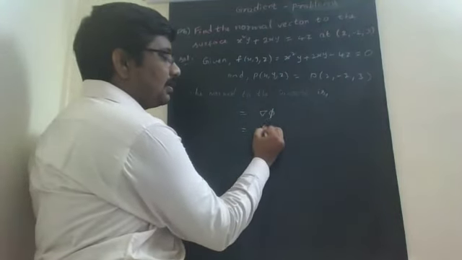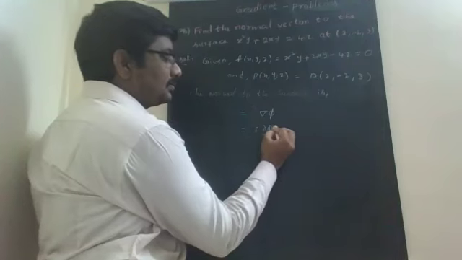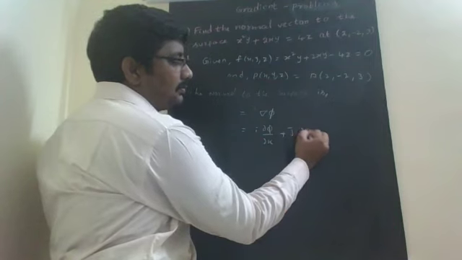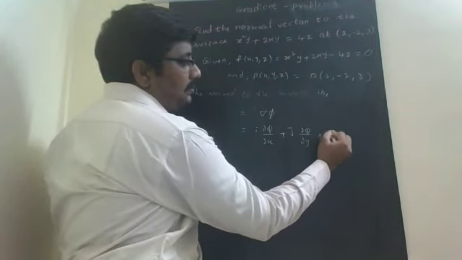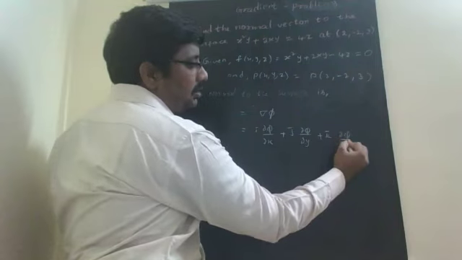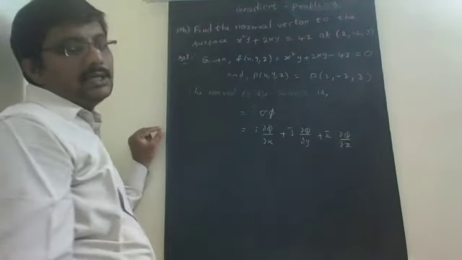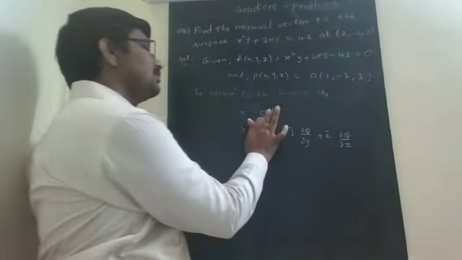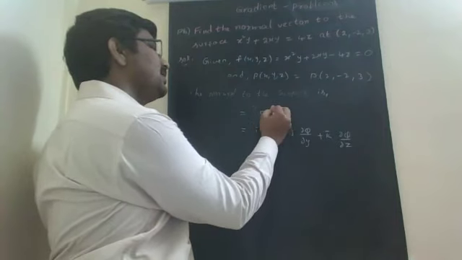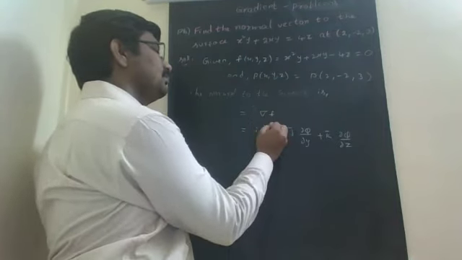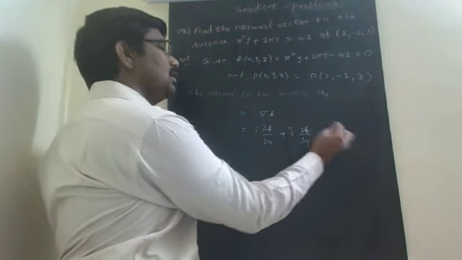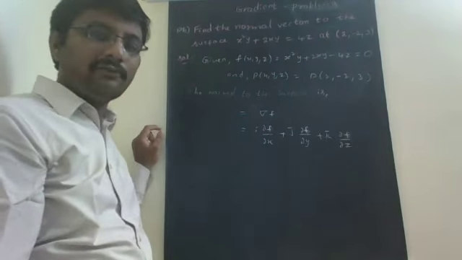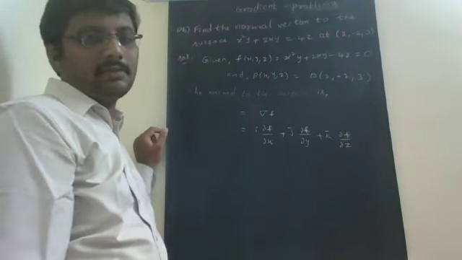Del phi is i dou phi by dou x plus j bar dou phi by dou y plus k bar dou phi by dou z. But here we are defining phi with f, so that here phi is replaced with f. The scalar point function is generally denoted with phi or f or g or h. Any function may be defined.